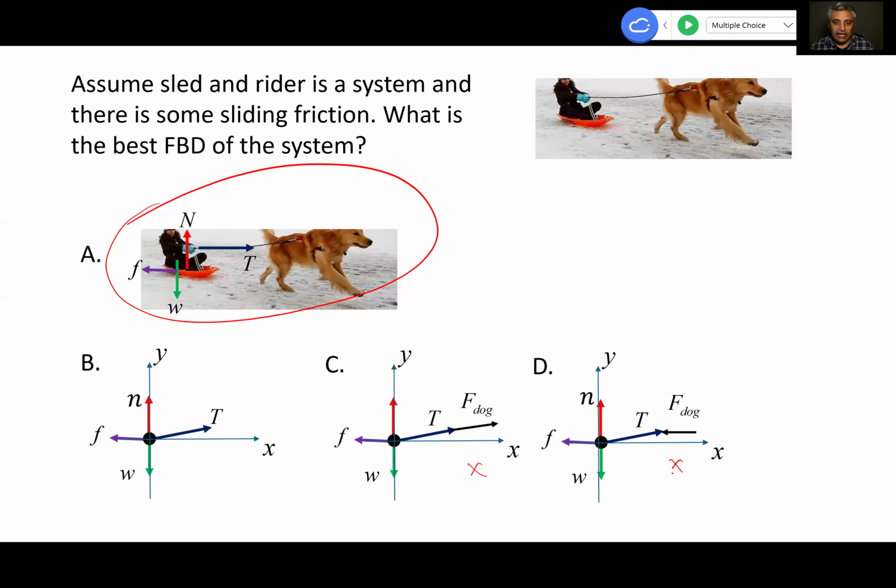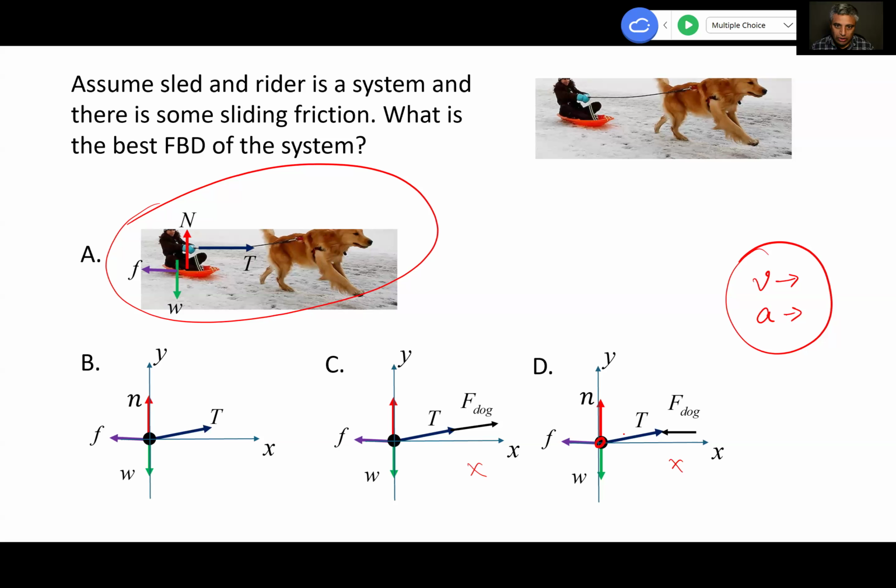So in a free body diagram, another thing you want to keep in mind is that only forces belong in a free body diagram. Sometimes we may draw velocity, acceleration, but we draw them on the side, not from the dot, because they don't go in the equation, the sum of the forces.